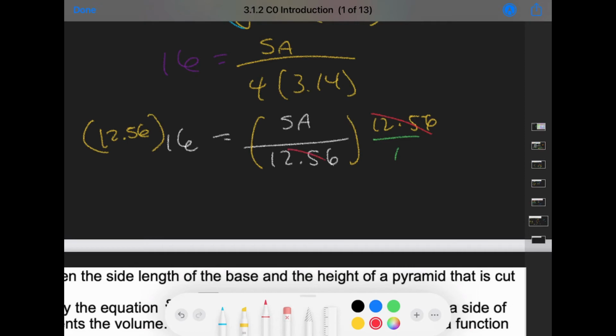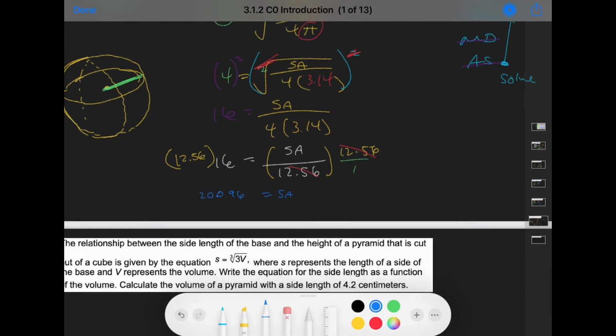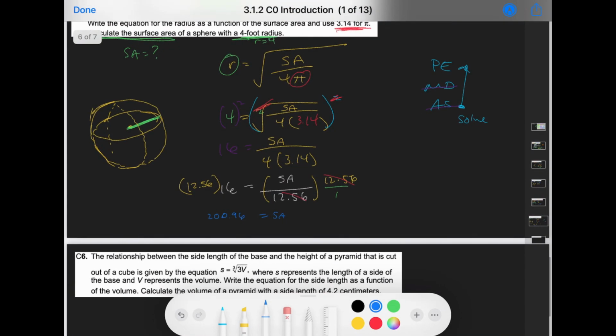You'll see that these will cancel, and then we're going to be left with SA equals 12.56 times 16, and that gives me a number of 296. So the surface area is 296. Surface area you don't need to know this, but it is an area. So there's my answer.